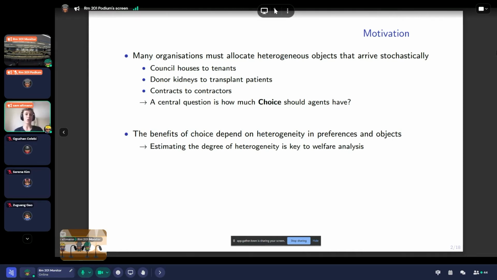But if the agents all vary a lot in their values for that house, then it will matter much more. And so in order to empirically investigate the benefits of allowing agents to choose, it's going to be important that we're able to accurately estimate the degree of heterogeneity across agents, the degree of substitutability of objects, and so just be able to accurately estimate agents' preferences.